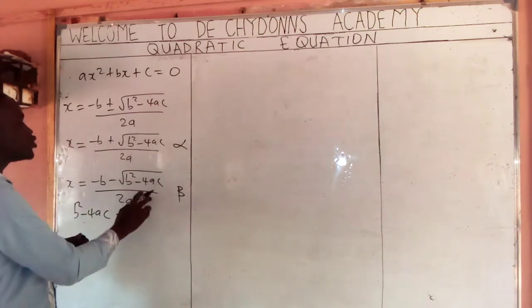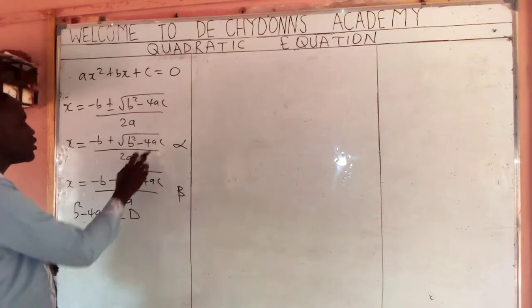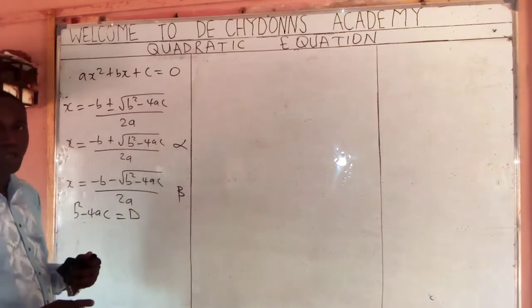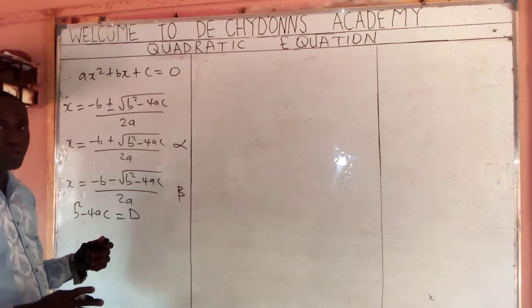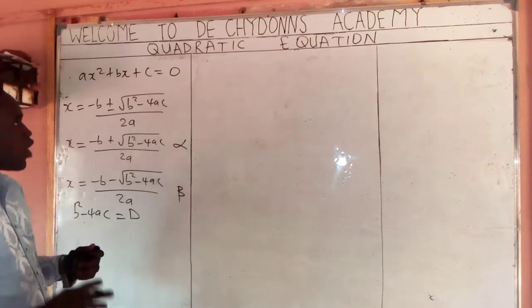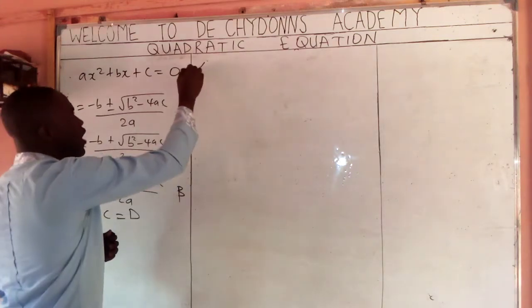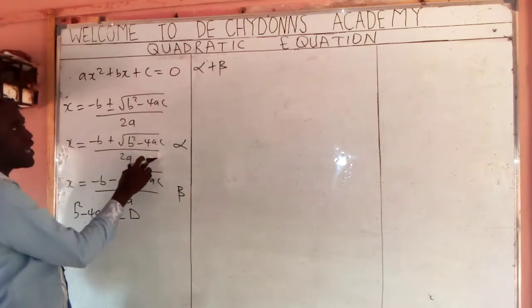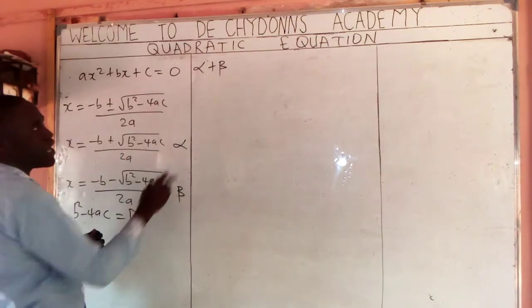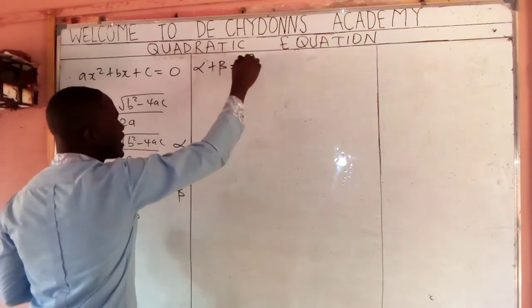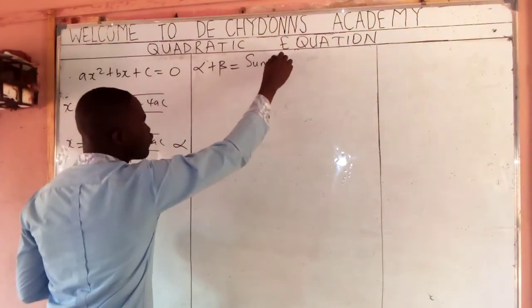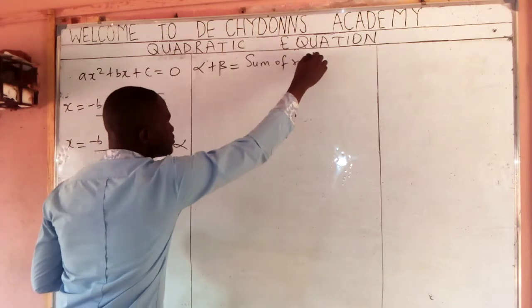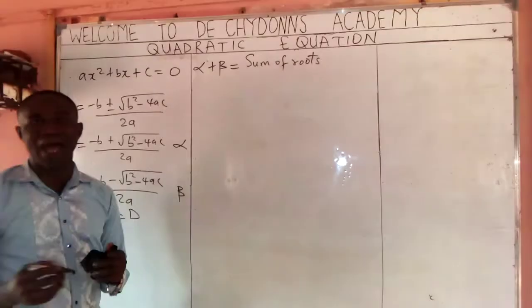Now, since these are the two formulas for getting the two roots of a quadratic equation, we say that when you add the two roots, alpha represents everything here, beta represents everything here. When I add the two roots, I get what we call the sum of roots. You know, sum simply means the answer you get after addition.